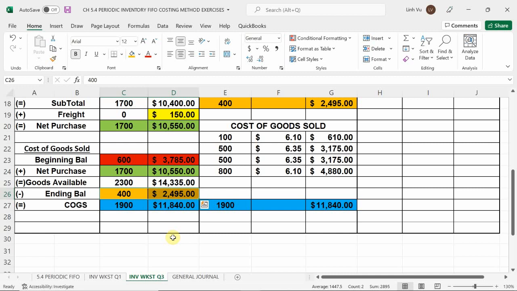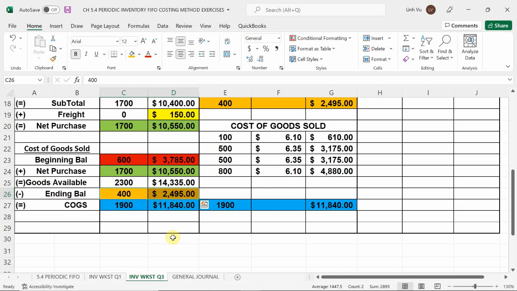Same psychology over here, except this time I only have a total of $14,335 available to sell. If I sold a total of $11,840, how do I solve for what's left over?